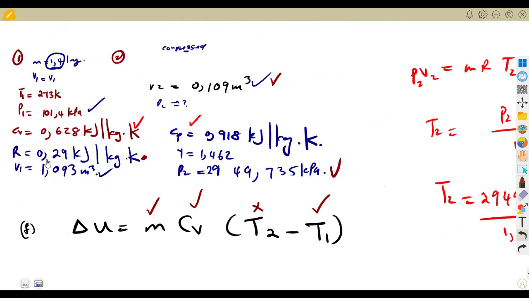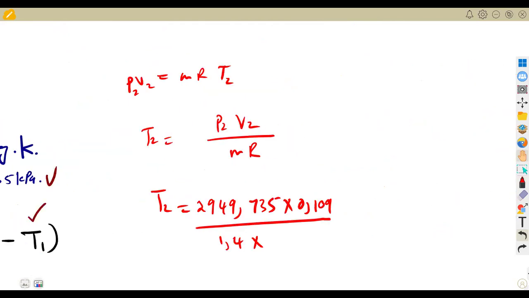That was the first thing that we calculated, 0.29. So this was going to give you the value of T2. All right, I'm realizing that, guys, I actually used another formula there.